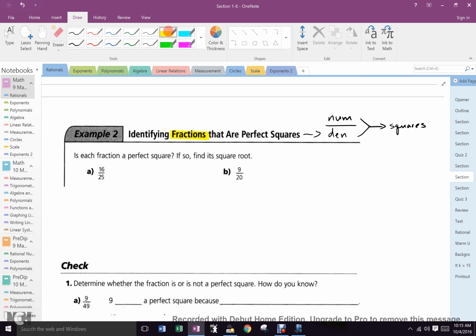Now, where do you find that list of squares? How do you know if your numbers are squares? TJ?